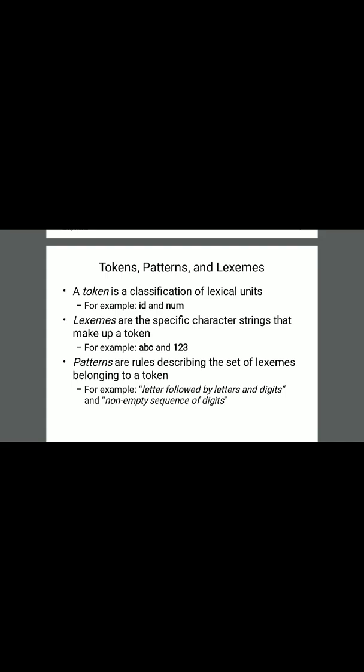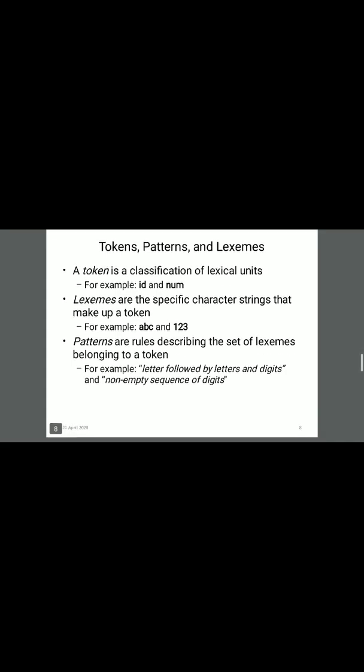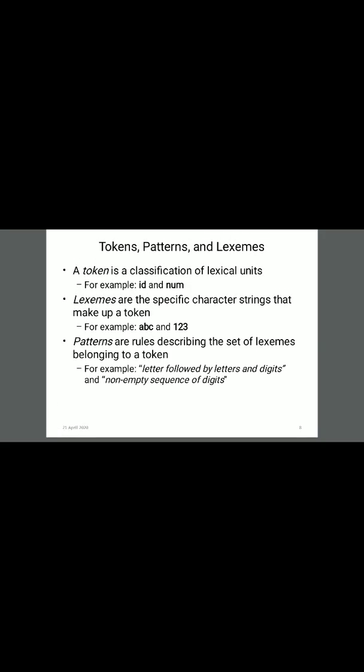Similarly, when it gets 1 2 3, it treats it as a number. Which type of number, integer or real, is a separate issue, but when it reads those inputs, it realizes it's a number. So lexemes are the specific characters that make up a certain token.